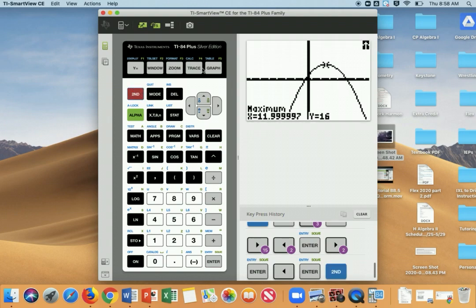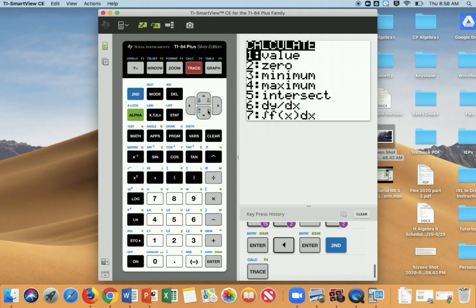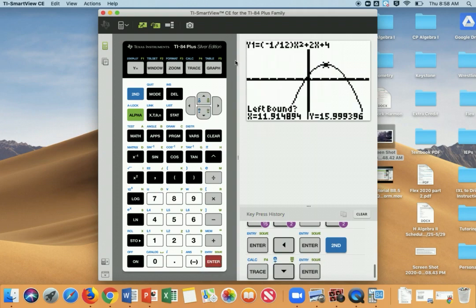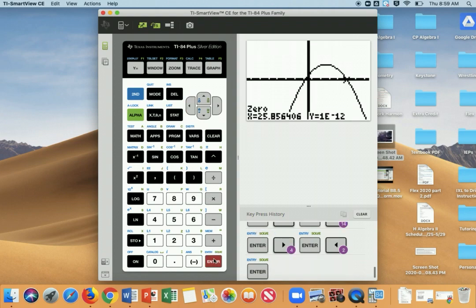So that point is a 0. So let's go to here, and then we're going to click the right bound. And then I'm going to guess, it looks like it's right about there.